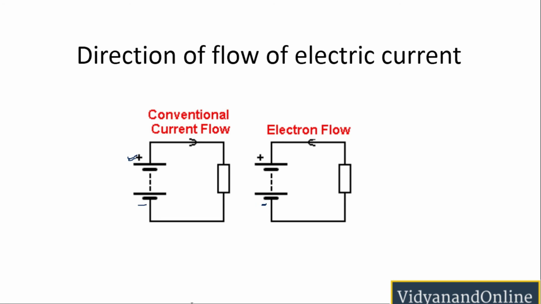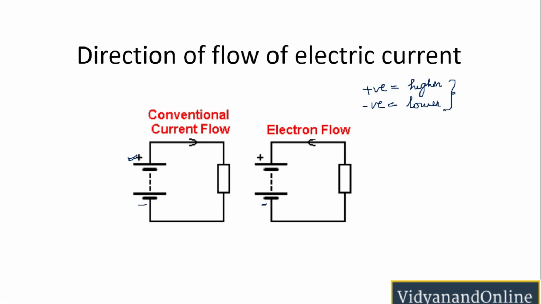This is because it was assumed that, like the flow of water is from high potential to low potential, the flow of air is from high pressure to low pressure, and the flow of heat is from high temperature to lower temperature, in the same way, the positive terminal was considered as higher potential and the negative terminal was considered as lower potential, and it was assumed that the current will flow from the positive to the negative terminal.